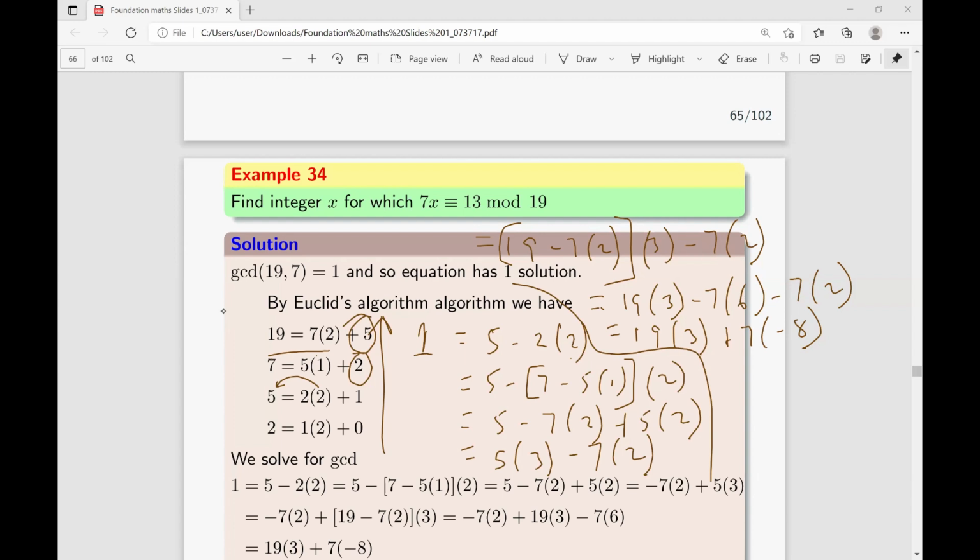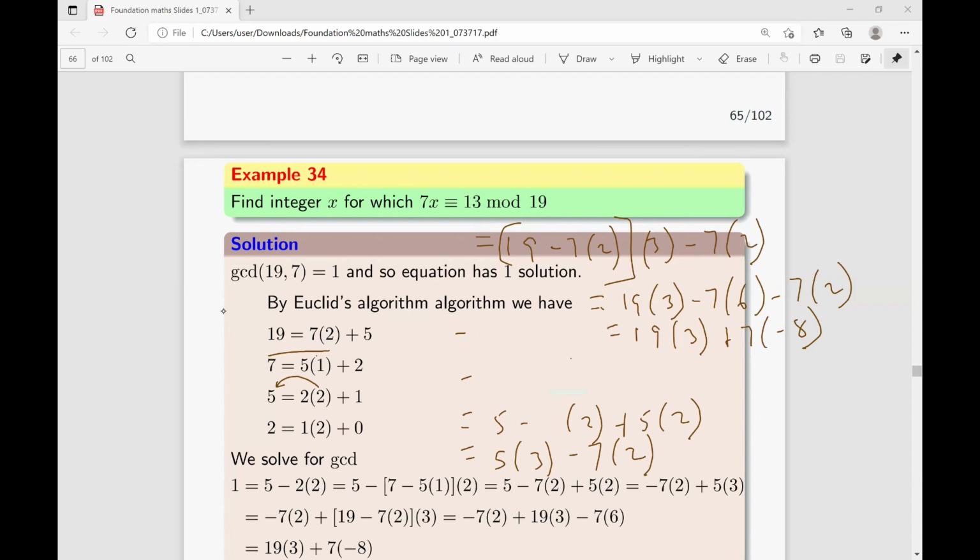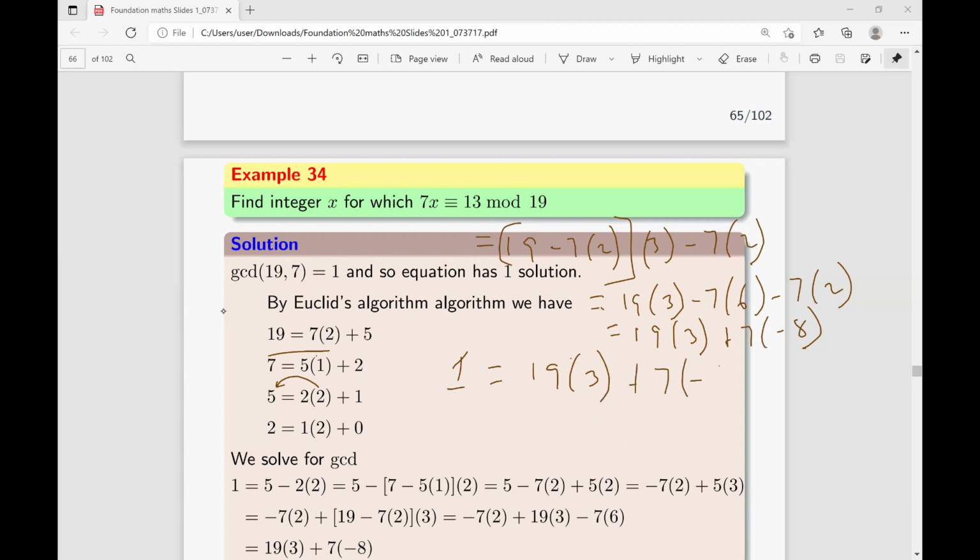What do we want? What we wanted was this. What do we have? Let me just write what we have. Create some space and write what we have, and then relate the two. What we just obtained is 1 is equivalent to 19 multiplied by 3 plus 7 multiplied by negative 8.